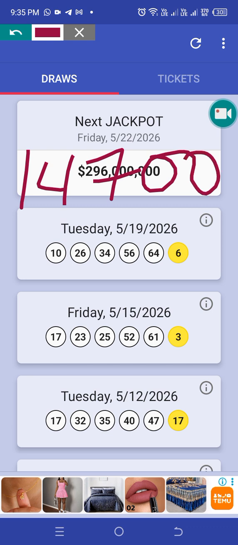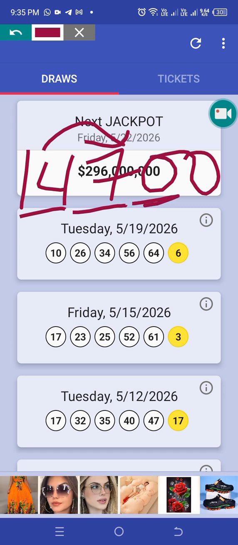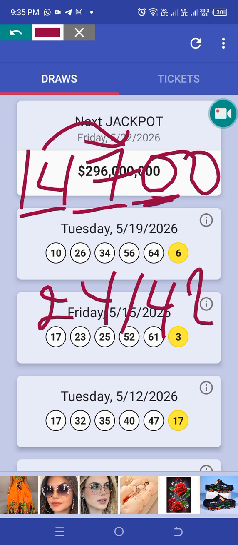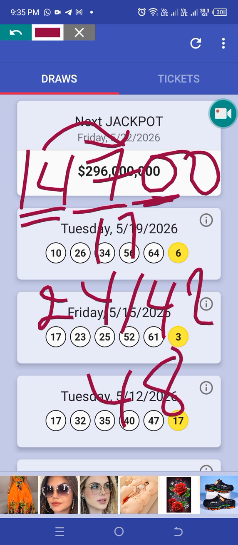This is 14, 47 and 17, even a 24 or 48. 24, 42, 48, then 14, 17, 47 and 41. So that is also this number coming from here.